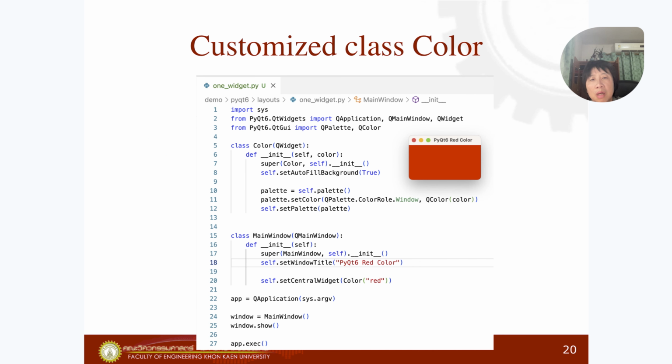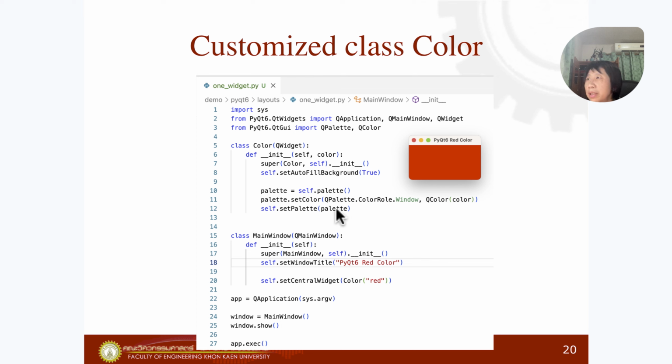Here, if we want to add some coloring to the window, then in the init method we call the method setAutoFillBackground to be true. And then we're going to use the color palette.